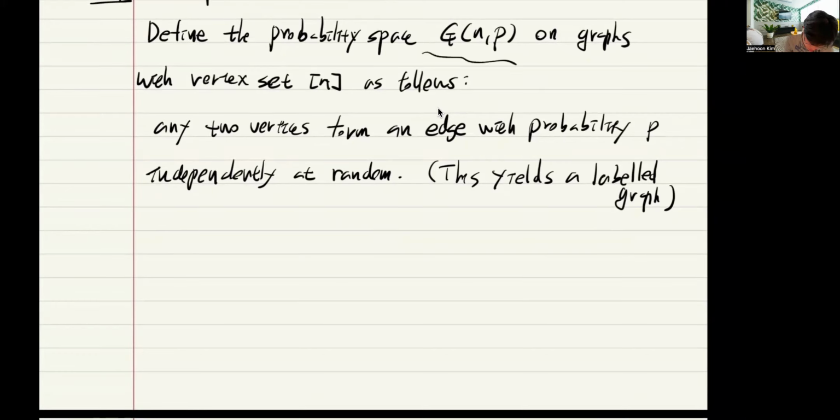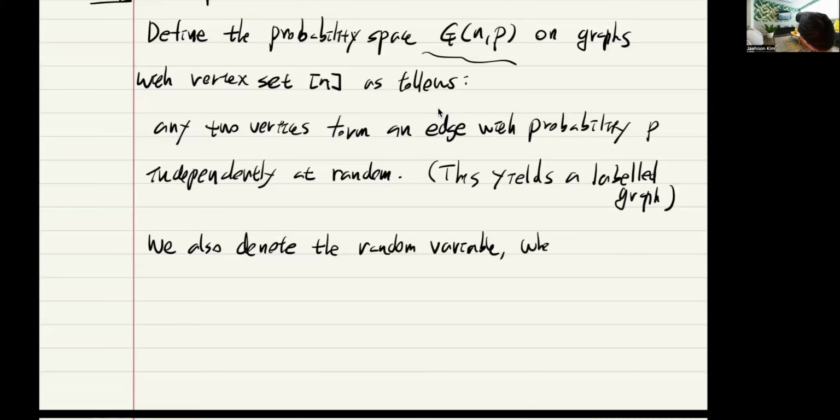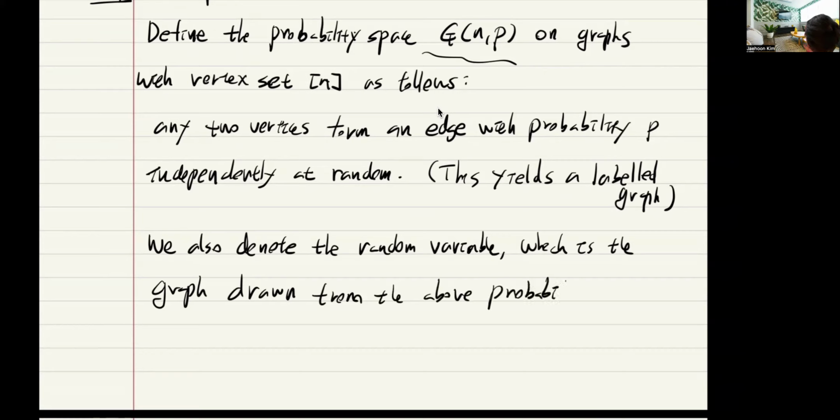And this is the probability space. And we also denote the random variable, the graph we obtain from this probability space, drawn from the above probability space, also as G(n,p).